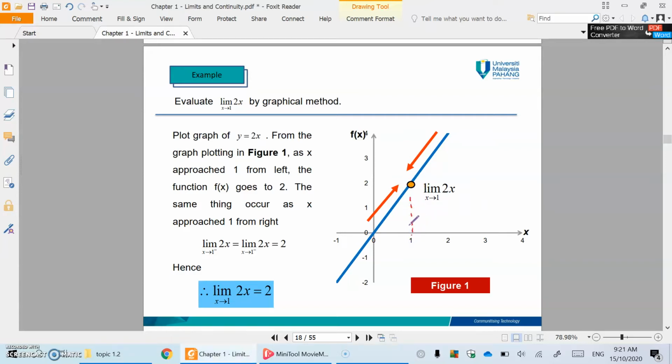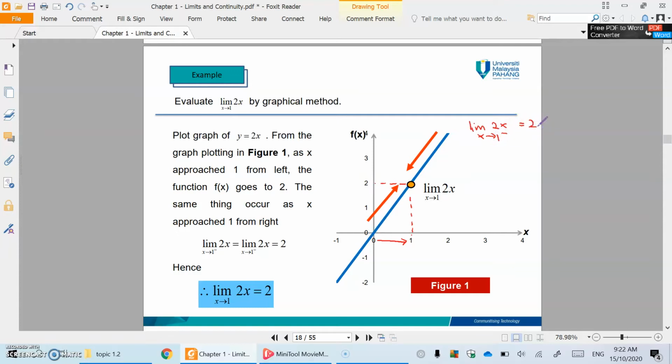Considering the left side limit, we are approaching 1 from the left. As x approaches 1, we can see that the function approaches 2, so the left side limit is equal to 2.